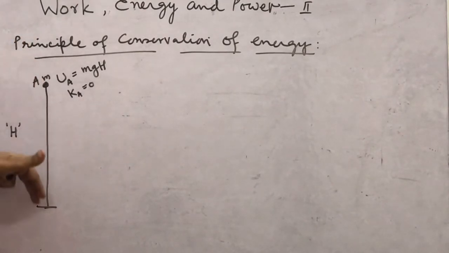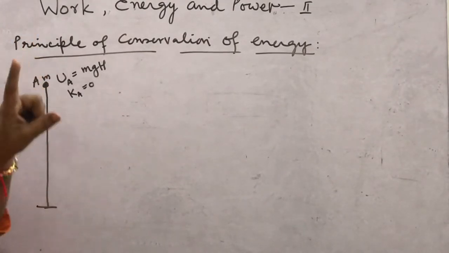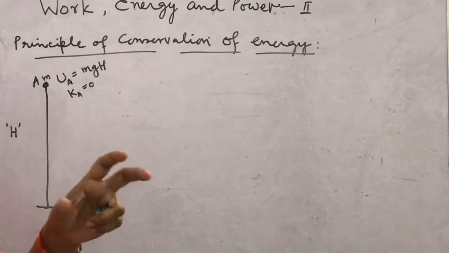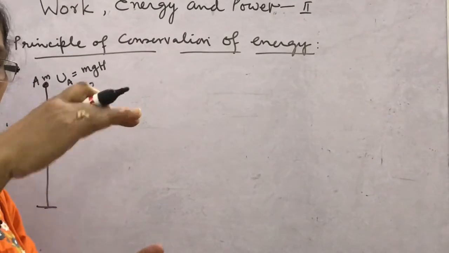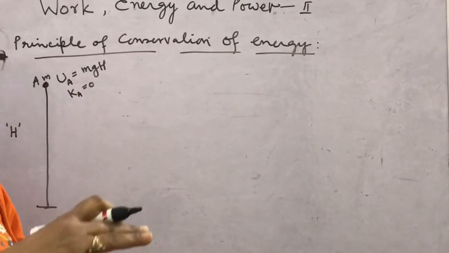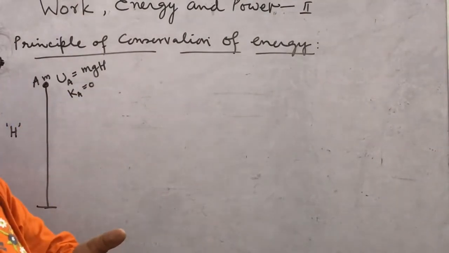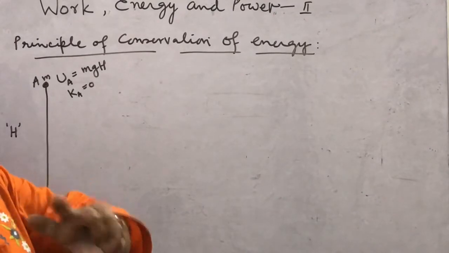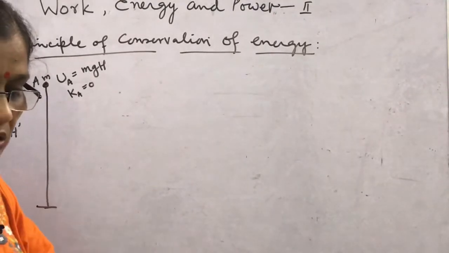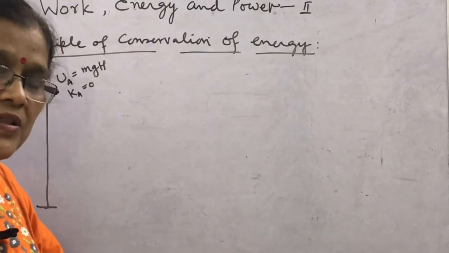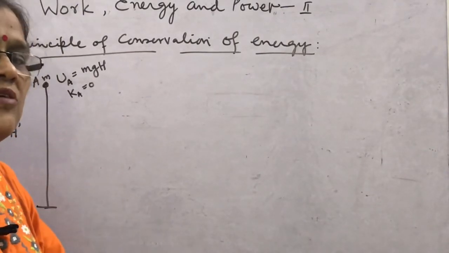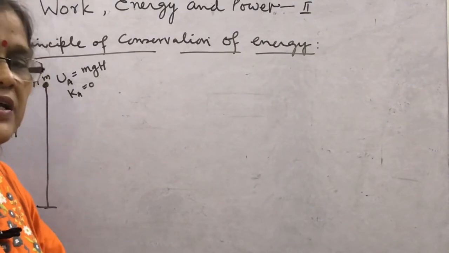Now if it falls freely, we assume that the total mechanical energy of the object will remain conserved. That is, as potential energy decreases, kinetic energy will increase by the same amount. When the ball comes to the ground, the net potential energy will be converted into kinetic energy.